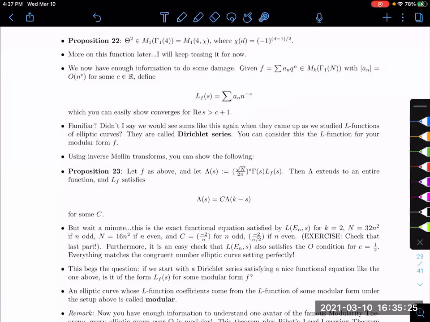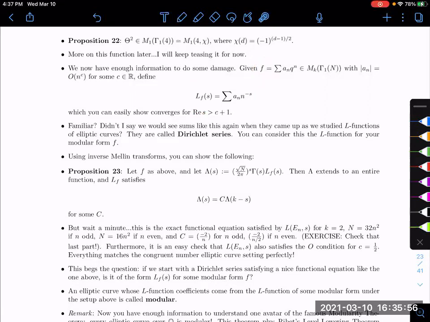If I have a modular form of weight k for the congruence subgroup gamma 1 of n, and I write its Q expansion out, and I impose the extra restriction on this Q expansion that the coefficients in absolute value are big O of n to the c for some real number c, that allows me to define the following object, L sub f of s, which I want you to think about as the L function of the modular form.